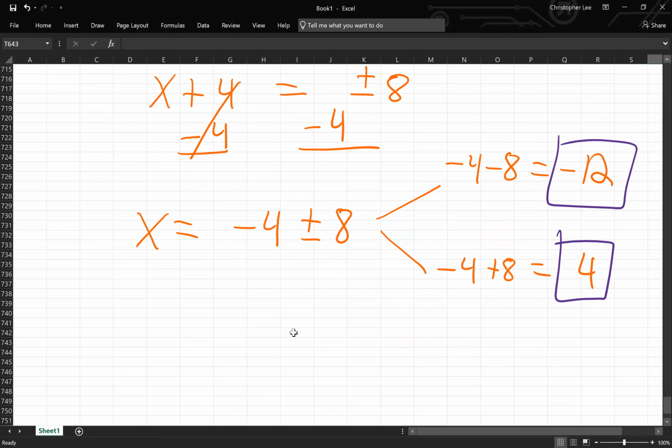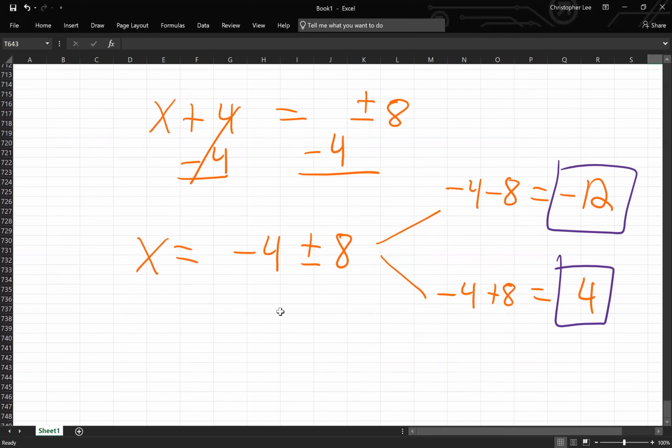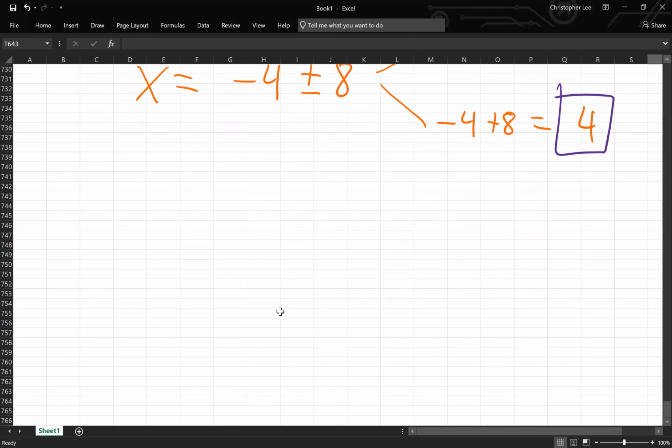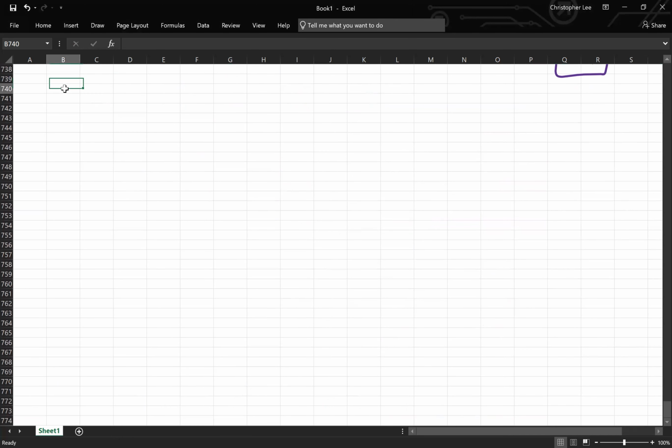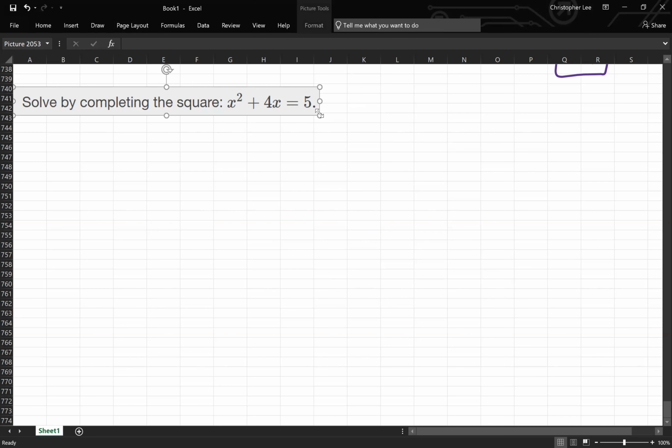That's the formula that you use whenever you have a number in front of the x that's not 1. But to be honest with you, it's the same thing. Nothing's changing here. Just going to keep it nice and simple.